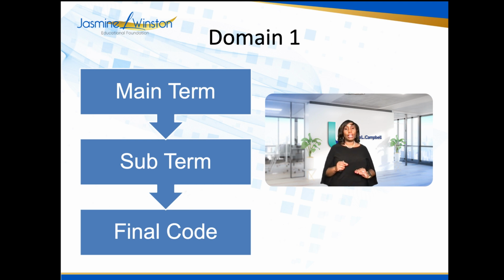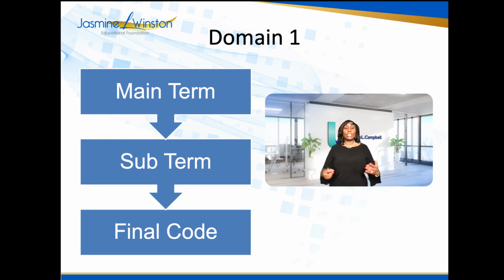The second gray line is really designed to help you understand that your main term has a subterm, but then the subterm may have areas underneath there that you will need to review. Why? So that you can code to the highest level of specificity. Remember, that was one of the tasks that AHIMA wanted you to be able to perform.